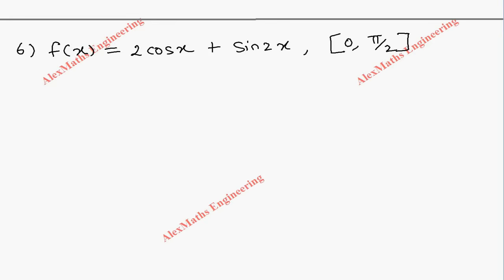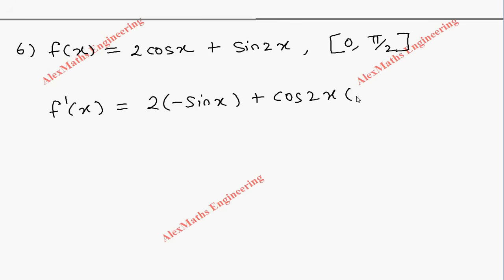Question number 6. f of x is given as 2 cos x plus sin 2x. Now first step, f dash of x gives 2 into minus sin x plus cos 2x into 2, and we have to equate this to 0.